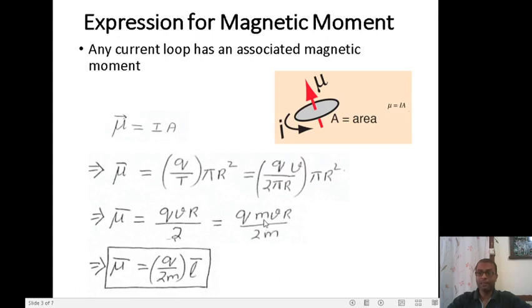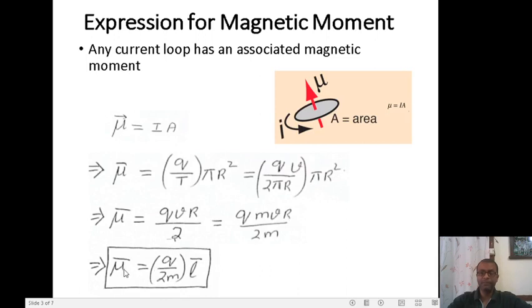If a particle of mass m moves around a circular loop of radius r with a velocity v, the orbital angular momentum associated with this particle is mvr.